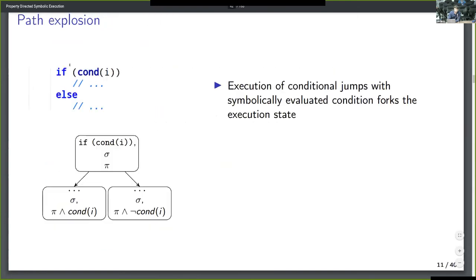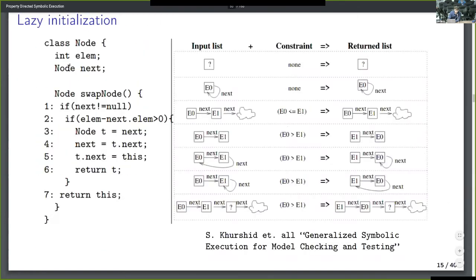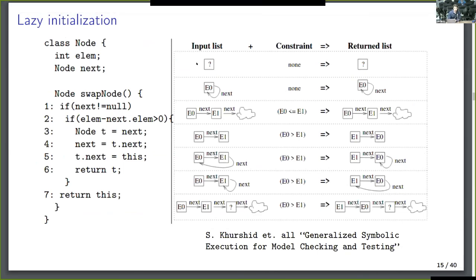Yeah, thank you for your question. So here, this is the demonstration. Here we begin with a completely undetermined heap. Initially the heap has no objects at all. And this code does not instantiate any memory at all. It just reads memory.